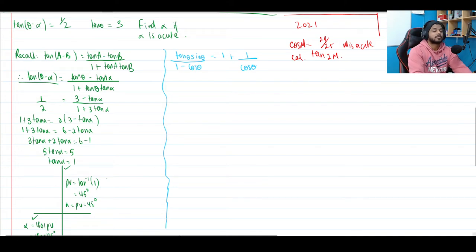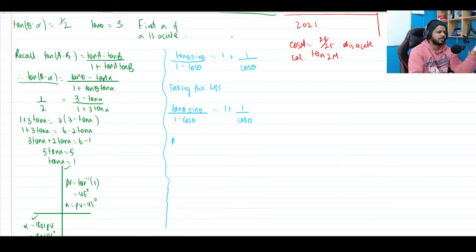Nice. So again, RTP followed by proof, and I'll take the left hand side in this case again. Taking the left hand side, we have tan theta sine theta over 1 minus cosine theta, 1 plus 1 over cosine theta.